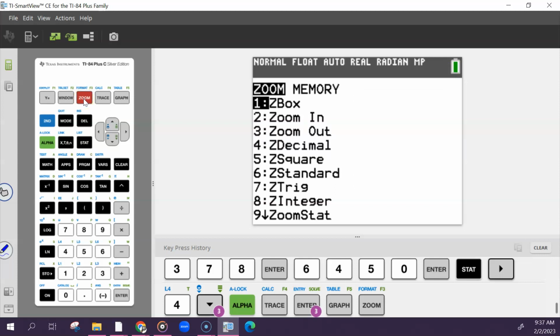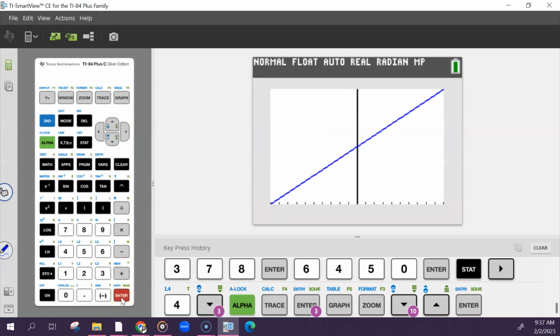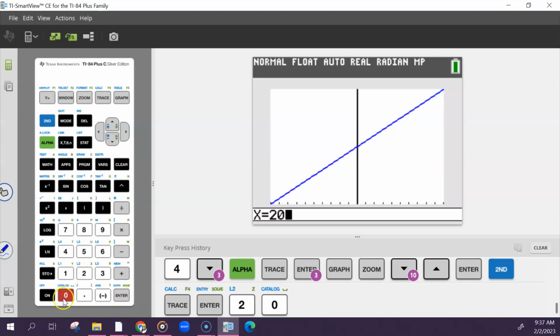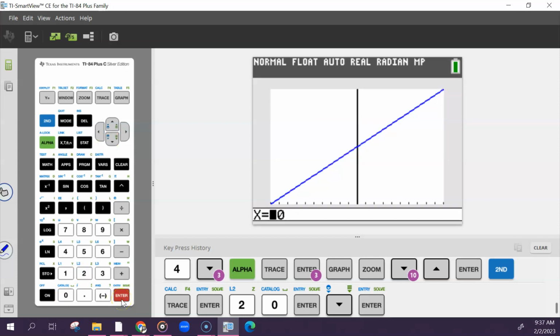I think Zoom Fit is my go-to. Then usually you can see it. And then second trace value when x is 20. Oh, because my things aren't big enough.